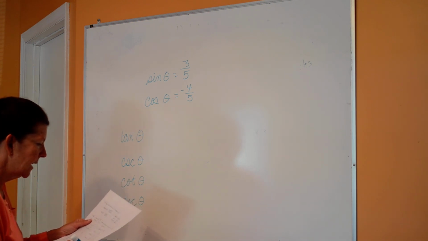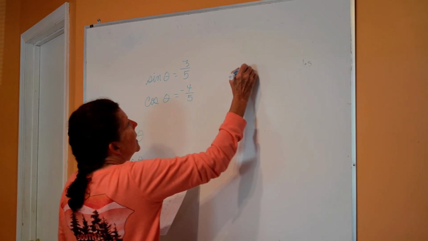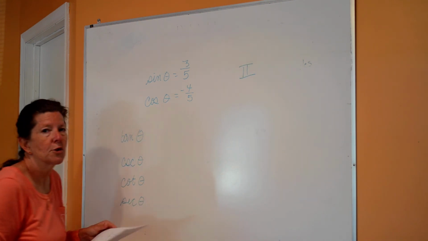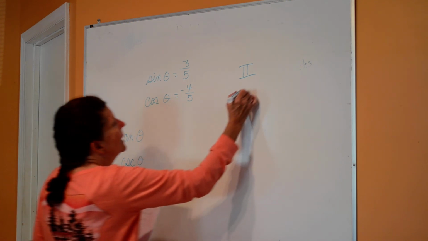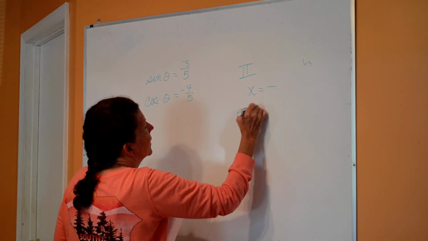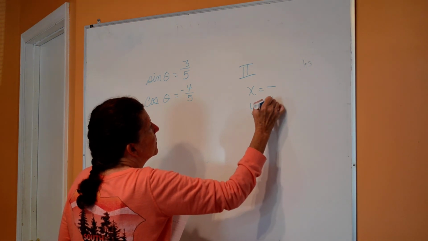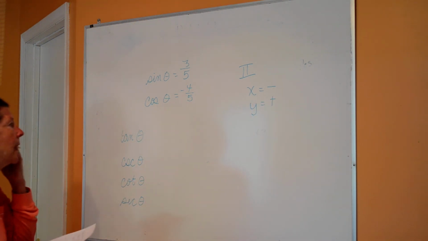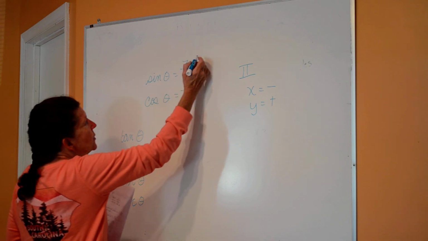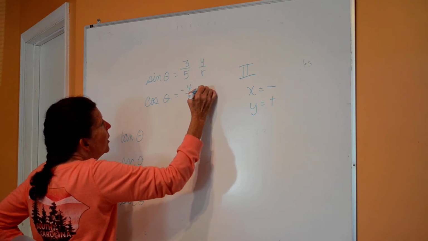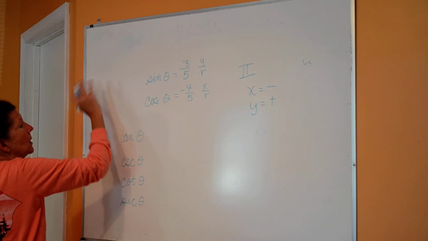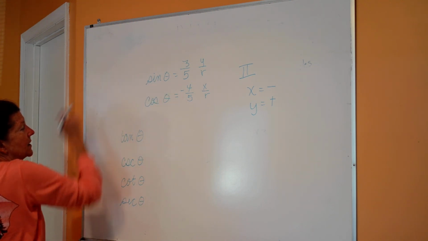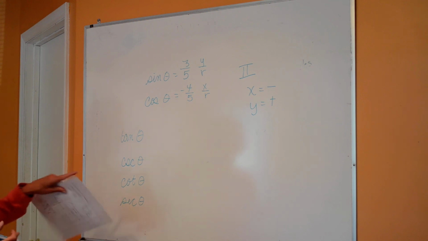Now, it also tells me that the terminal side is in quadrant 2, which means my x is going to be negative and my y is going to be positive. Remember on your sine, you have y over r, and on your cosine, you have x over r. So I know that the x is going to be my -4.